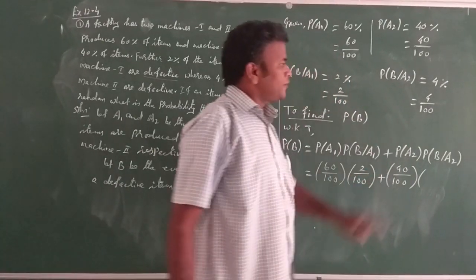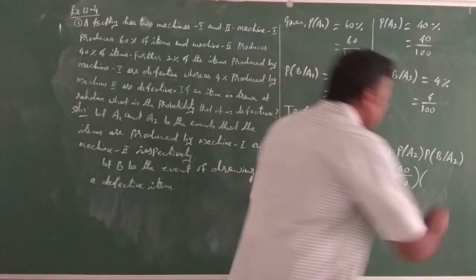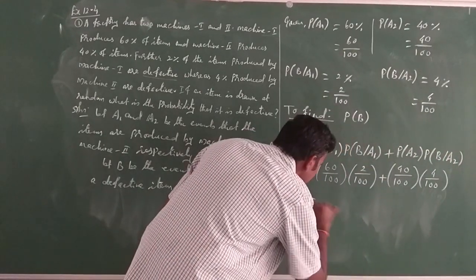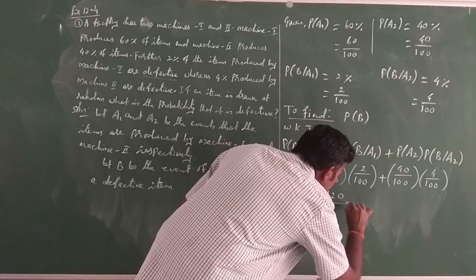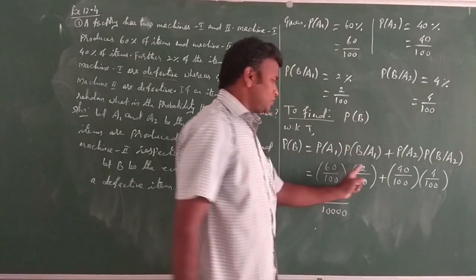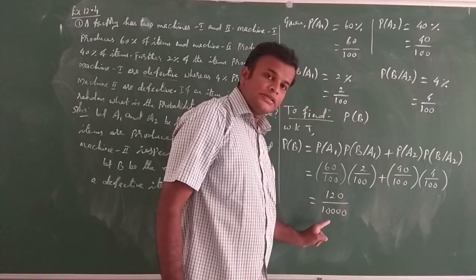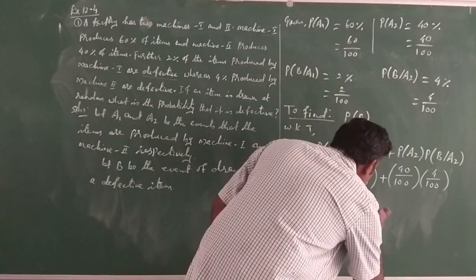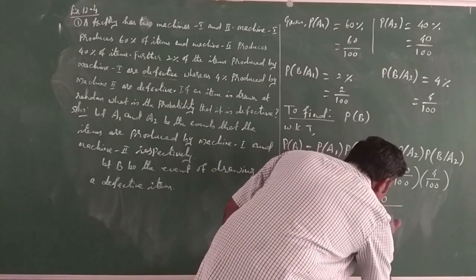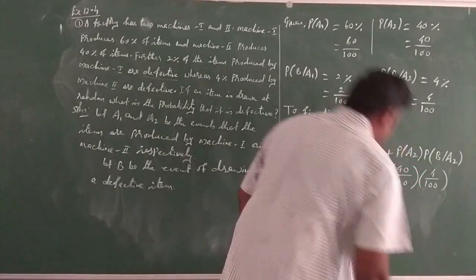Then the value of P of B by A2 is 4 by 100. That is 120 by 10,000, okay. 60 into 2 is 120. 100 into 100 is 10,000. Plus 40 into 4 is 160. So 160 divided by 10,000.